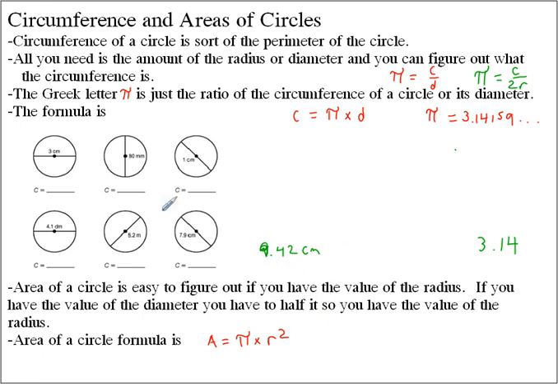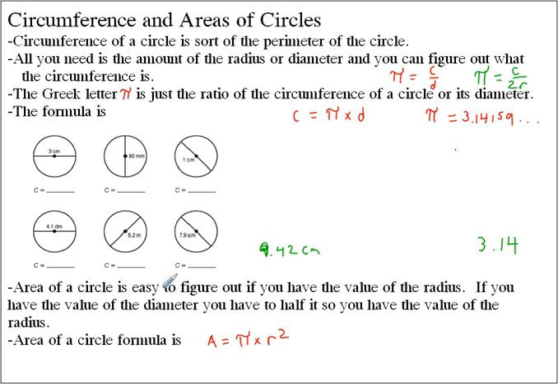Same thing here. If we look up here, we've got a circle with a diameter of 1. So it's just going to be 1 times pi. So the circumference is just going to be 3.14 centimeters. Easy enough. All we're going to do is keep multiplying these out. 5.2 times 3.14 is going to be equal to the value of the circumference.